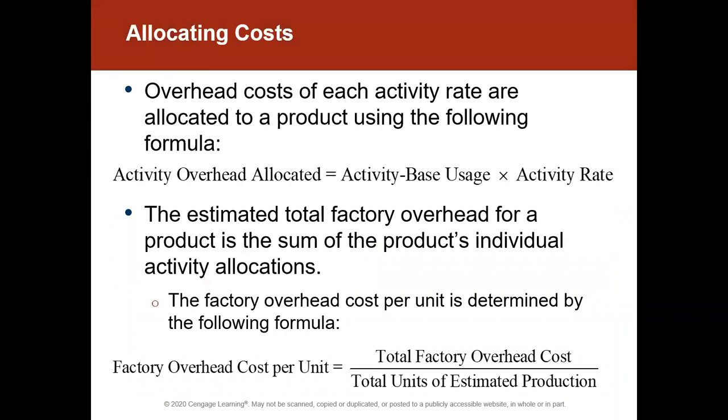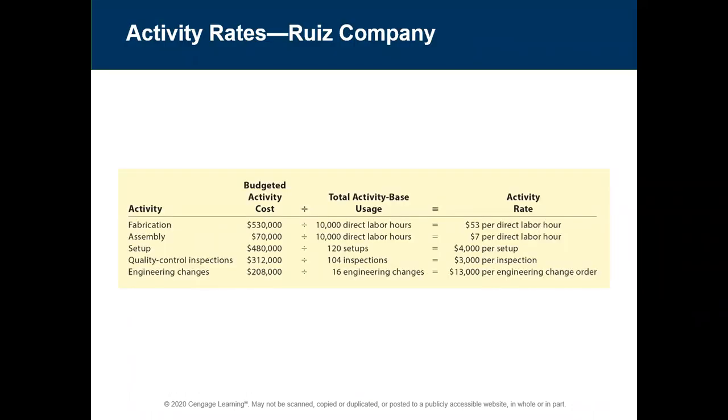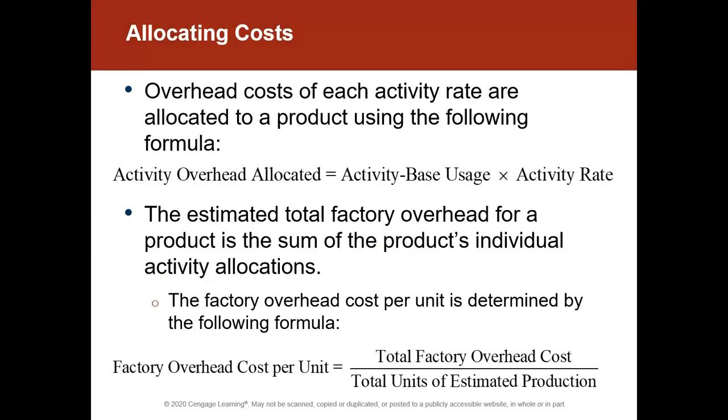All right. So our overhead costs are going to be allocated according to these rates that we came up with back here. The activity overhead allocated is the activity-based usage times the activity rate. And if we want to figure out our overhead cost per unit, we would just take the total overhead cost, divide it by the total units of production.